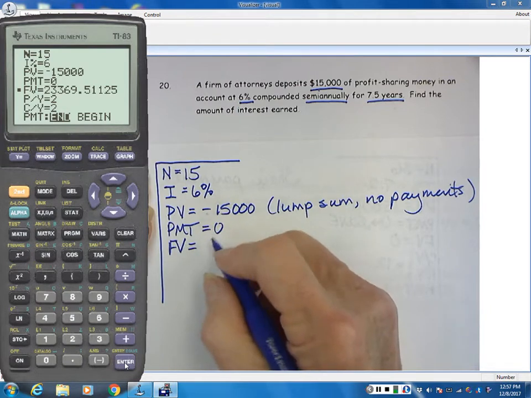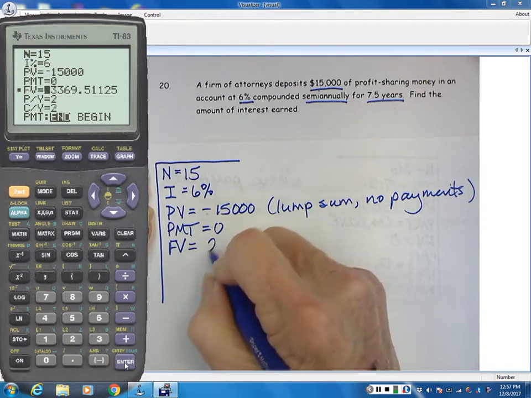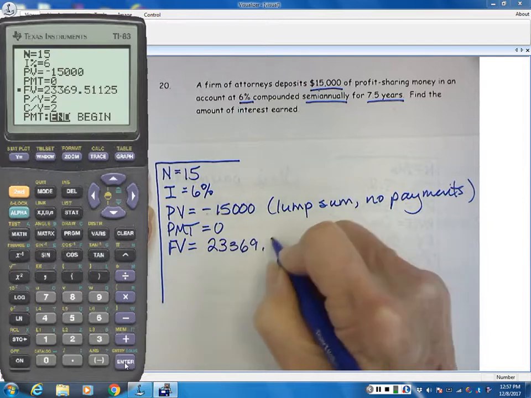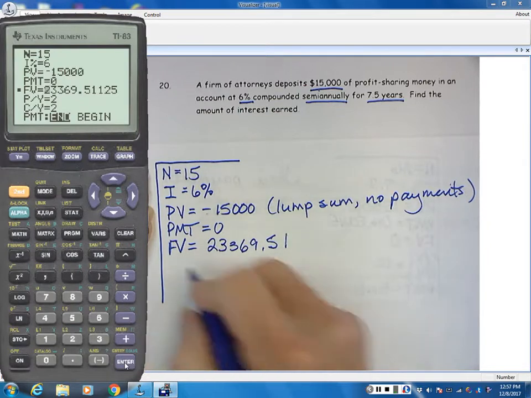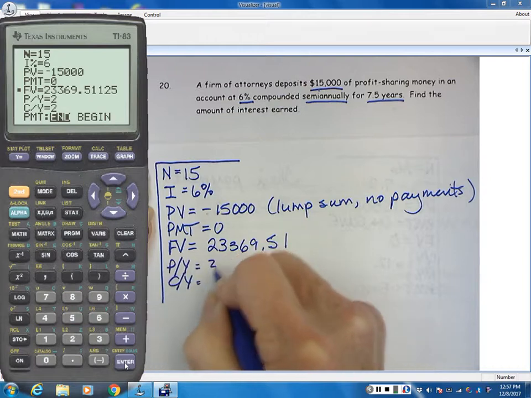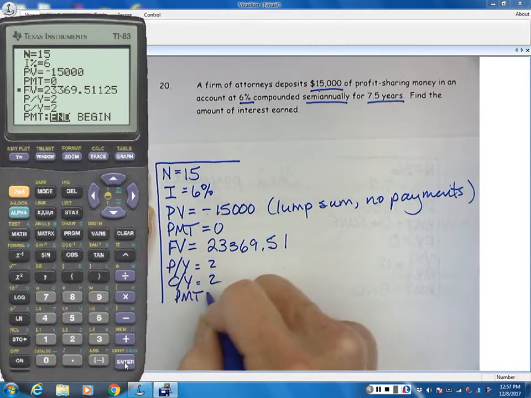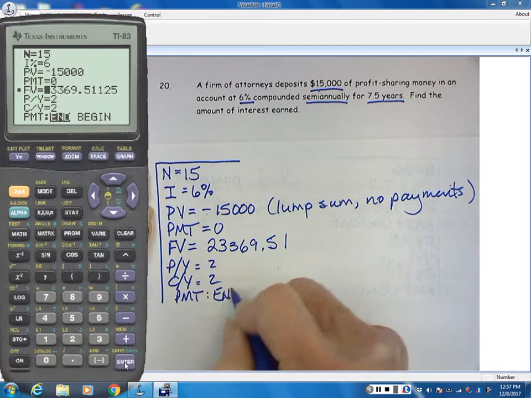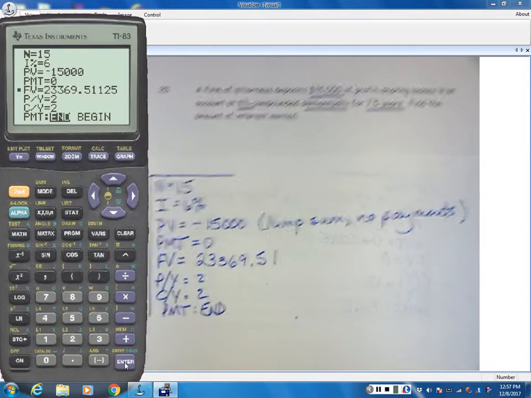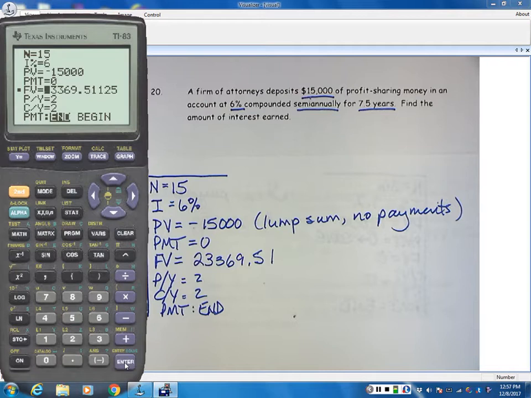So the future value is $23,369.51. And even though there were no payments, we'll just leave payment at the end. So then the answer to the question, it says how much interest was earned.